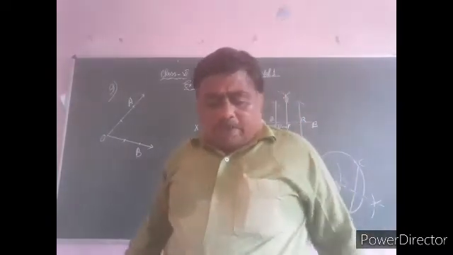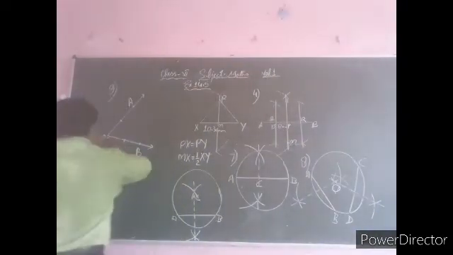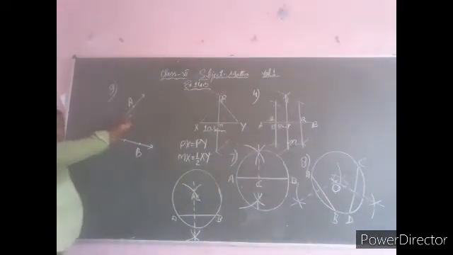Draw the perpendicular bisector of OA, taking more than half.